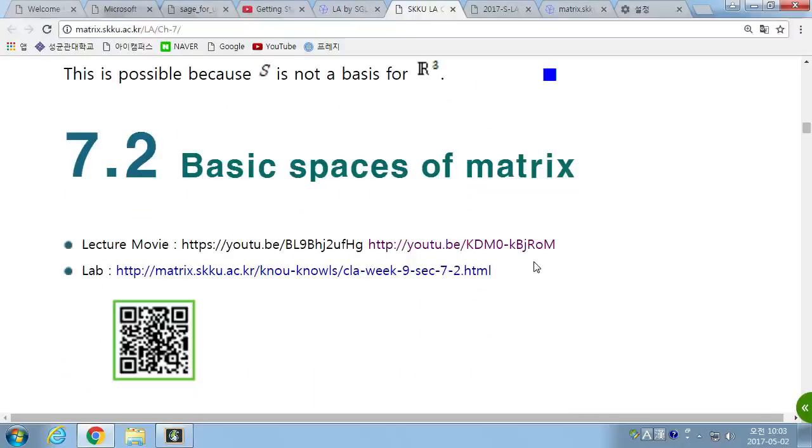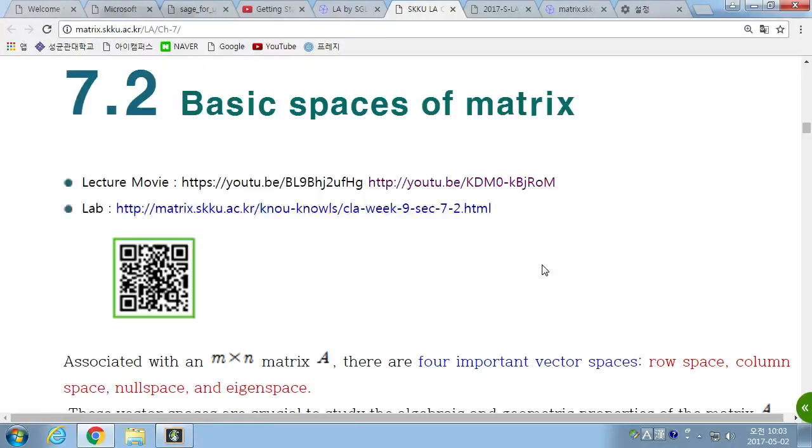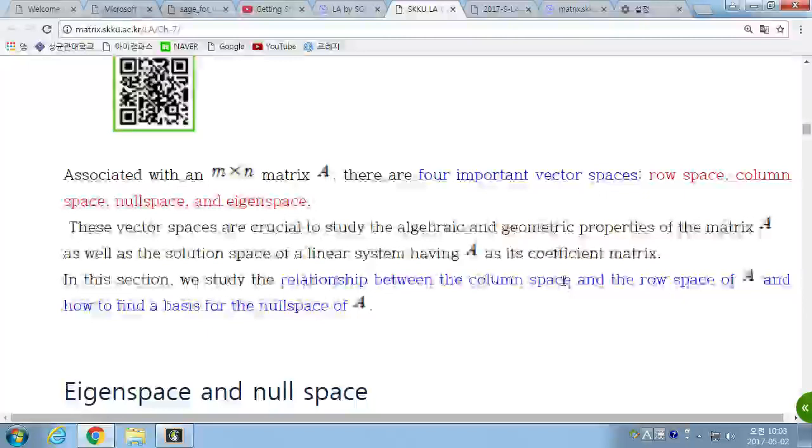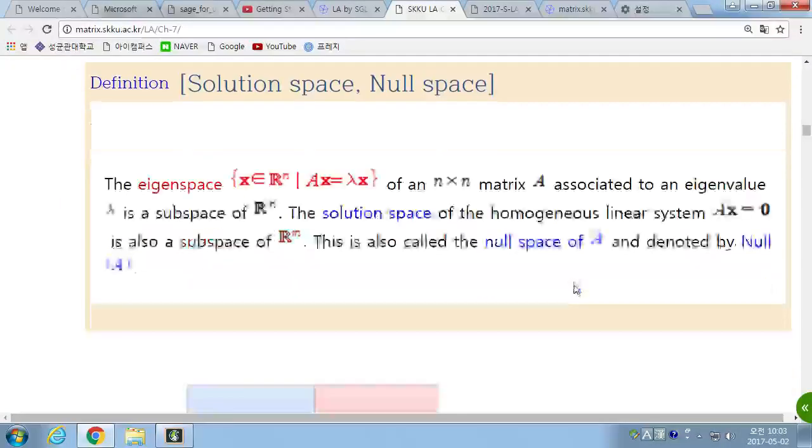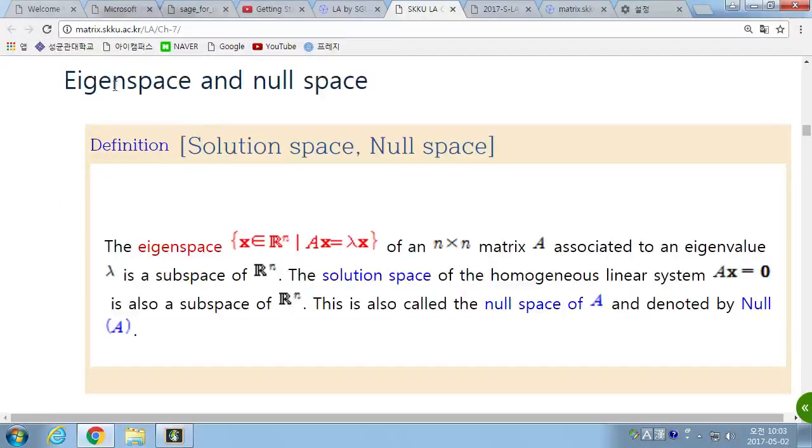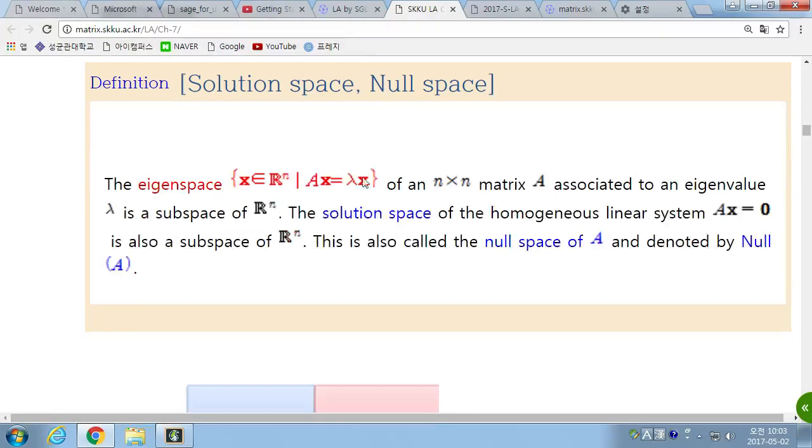Okay. Basic spaces of a matrix, section 7.2. Okay. First, eigenspace and null space. You have learned what is the eigenspace of A for a given eigenvalue lambda. Okay, so eigenspace is defined as this.